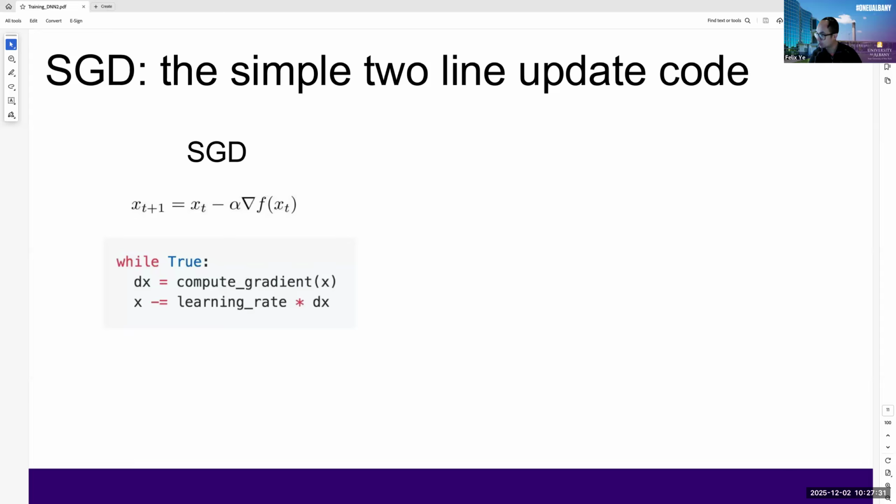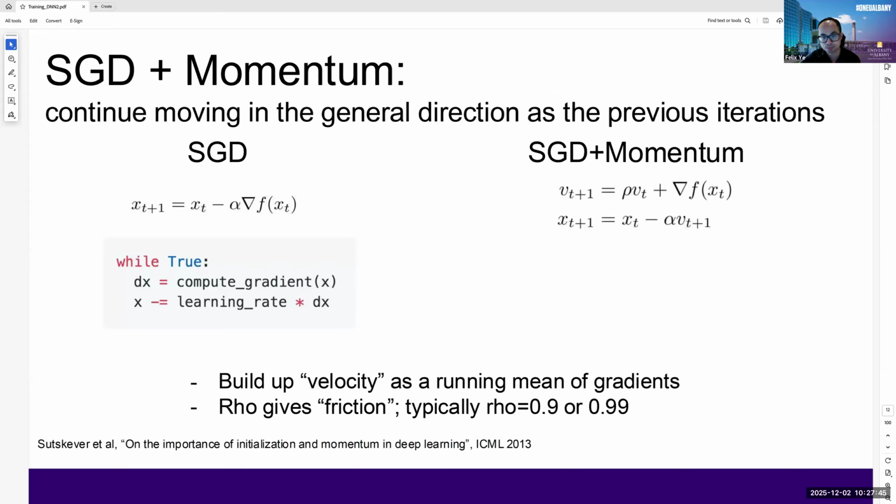But as time goes on, we find they also have a lot of limitations. So that's why we want to try other versions and different optimizers. So this is stochastic gradient descent plus momentum.